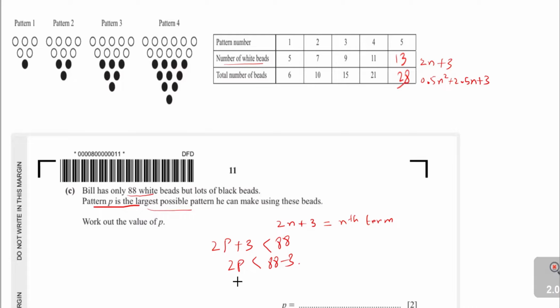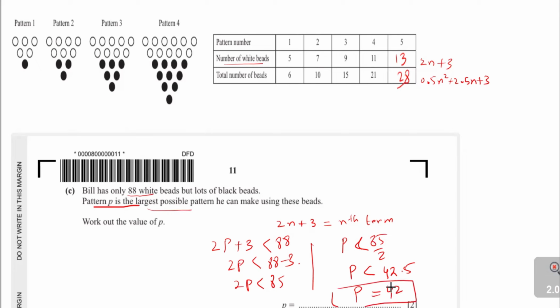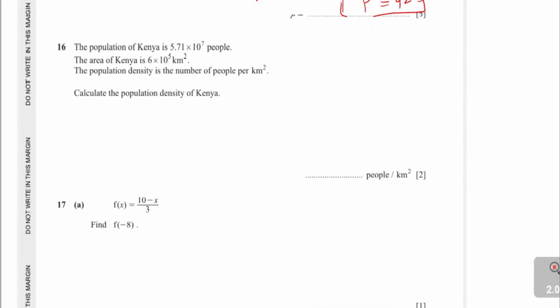This value will be equal to 2p less than or equal to 85, and therefore p is less than 85 over 2, this is p less than 42.5, and therefore p equals 42. This will be the less than value in whole number. This is 42, and this is the largest possible value. This is the answer.